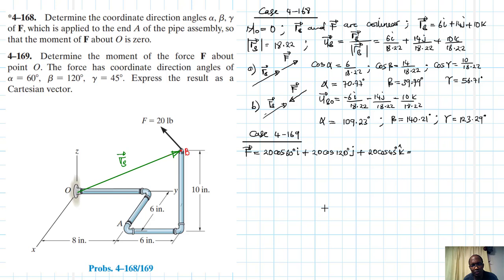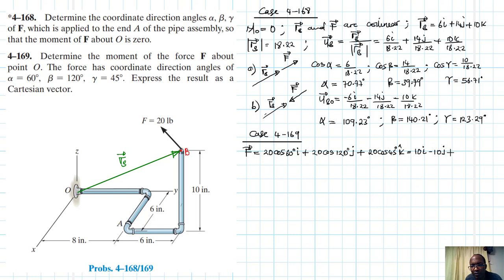This is just going to be equal to, cos 60 is 0.5, so the first one is 10 i. Cos 120 is negative 0.5, so this one is minus 10 j.